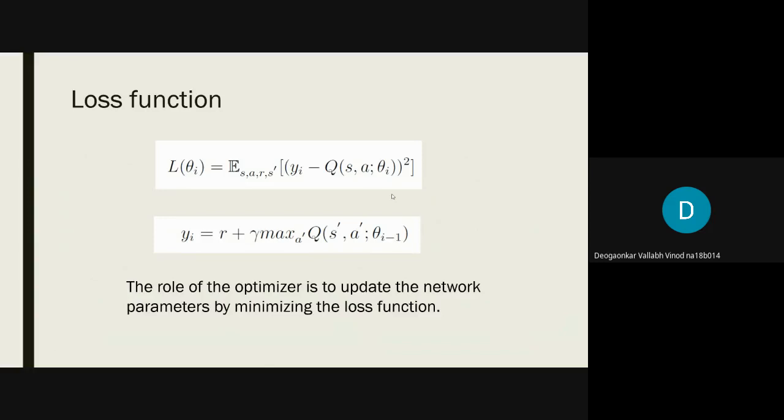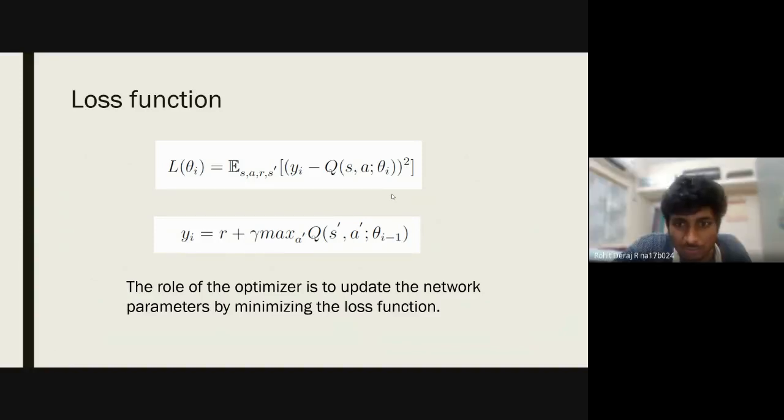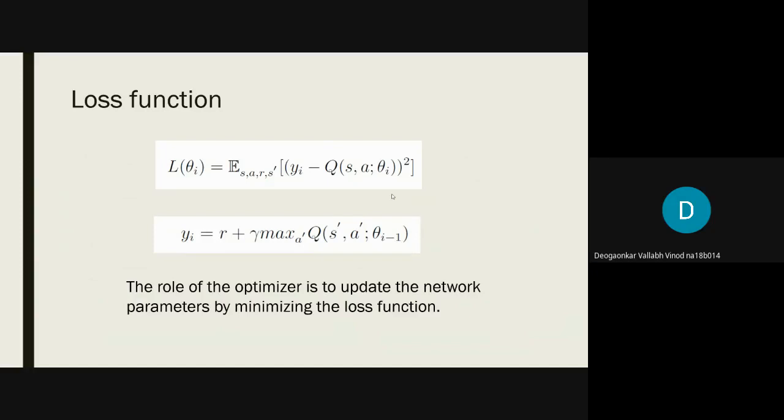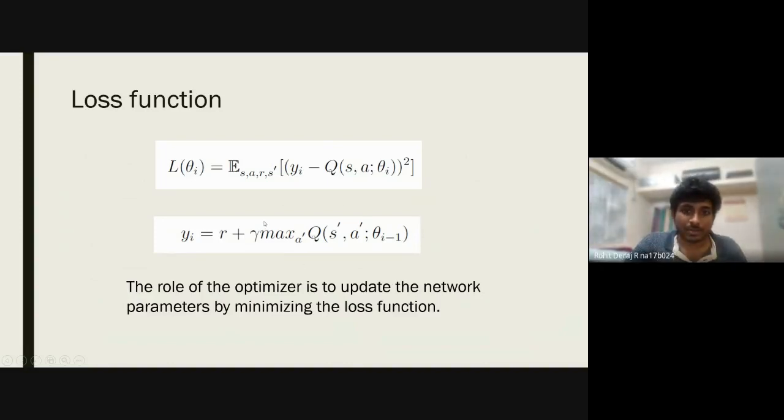In this, Q(s, a; theta i) is there. In the previous one, the old one was subtracted, but here theta minus i is before, and theta i is later. I wanted to ask about that. Yes, that's the difference here.